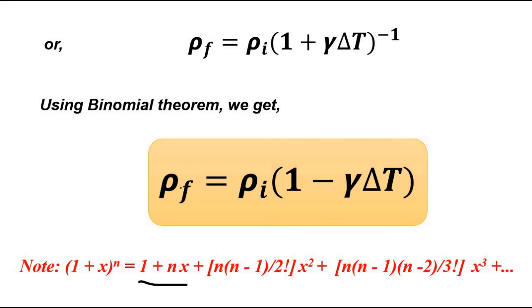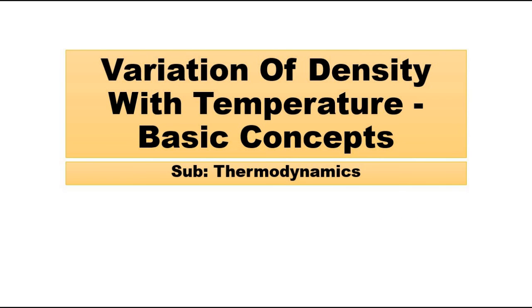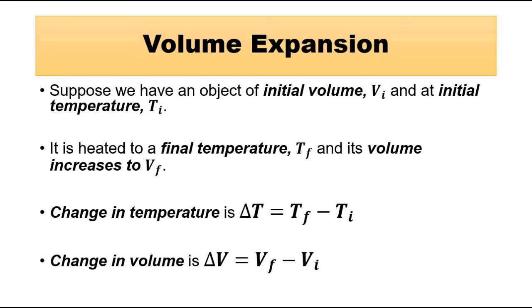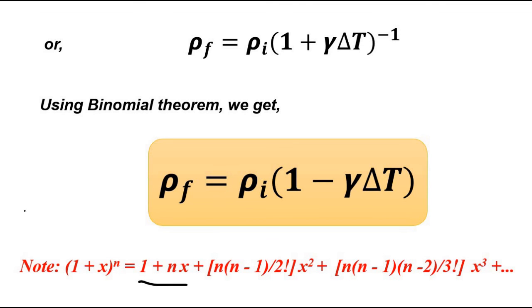This is the expression: final density rho f is equal to rho i into (1 minus gamma delta T). So this is the concept of variation of density of a substance with temperature, which is related to volumetric expansion.